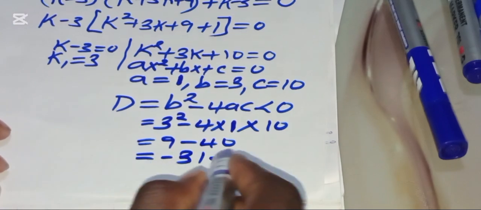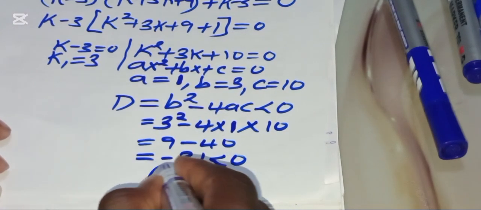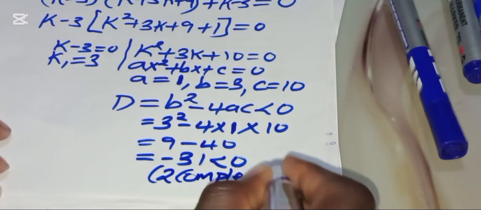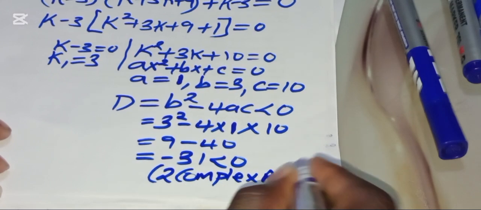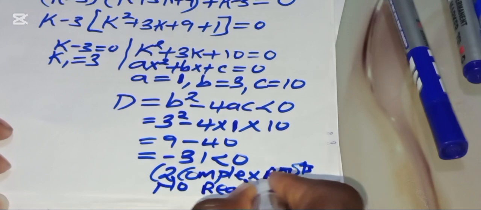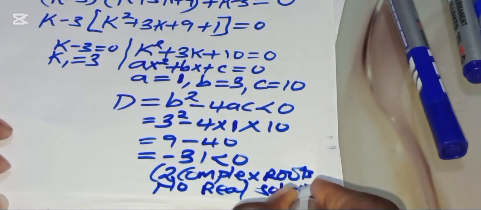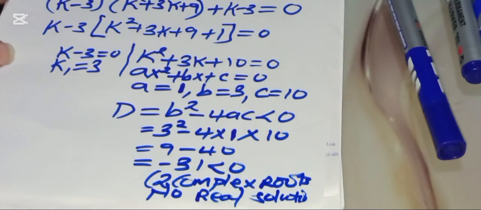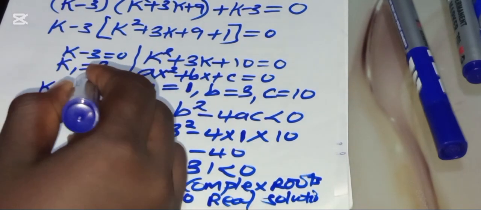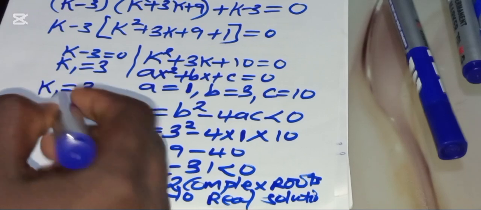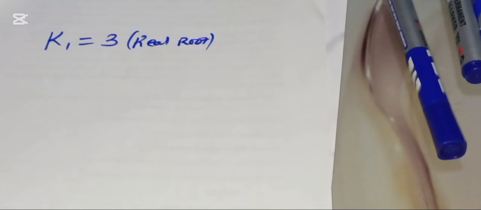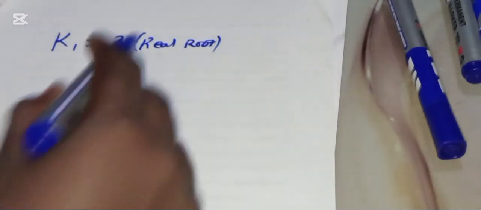This is going to give us two complex roots, and therefore we will have no real solution. In that case, we only have k1, which is equal to 3, and this is our real root.